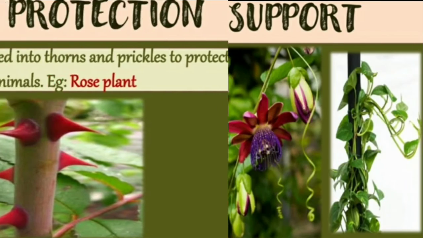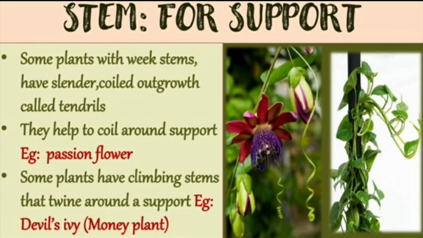Stem for support. Some plants with weak stems have slender, coiled outgrowths called tendrils. They help to coil around and support. For example, a passion flower.